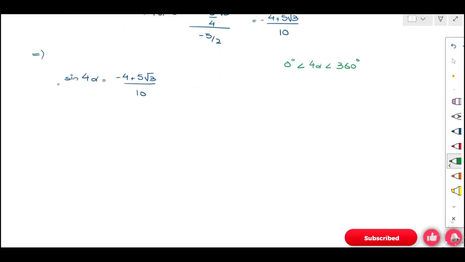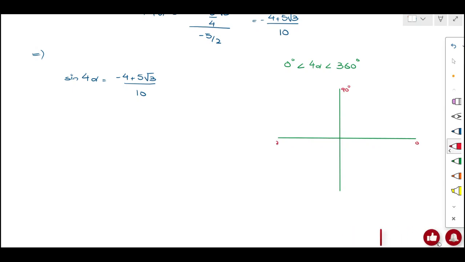and we know that sine is positive in the first and second quadrant, right? So if I draw from 0 to 360 degrees, this is 0, this is 90, this is 180, this is 270, and again this is 360 degrees. Okay, so in the first quadrant, all trigonometric ratios are positive: sine is positive, tangent is positive, and cos is positive.